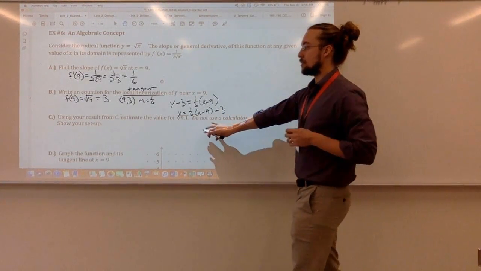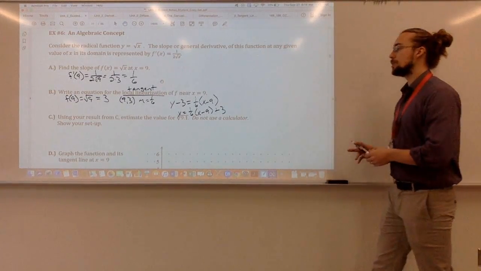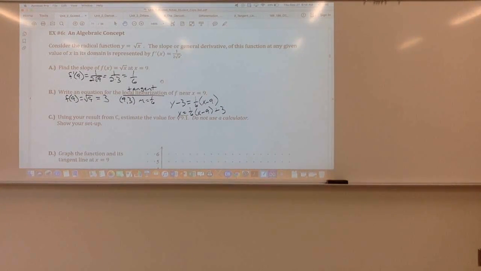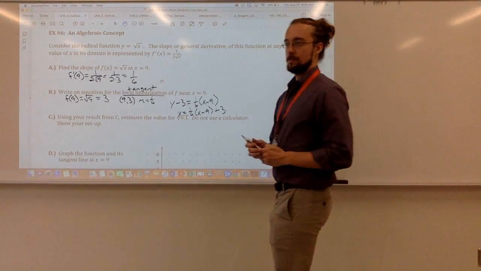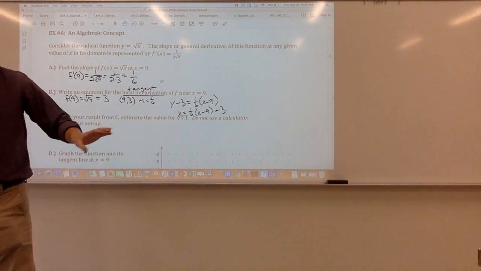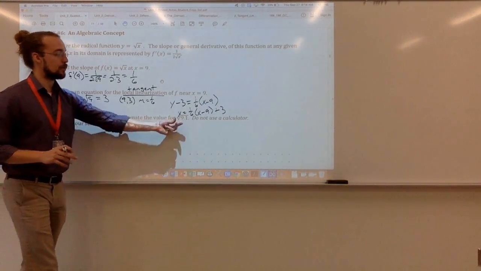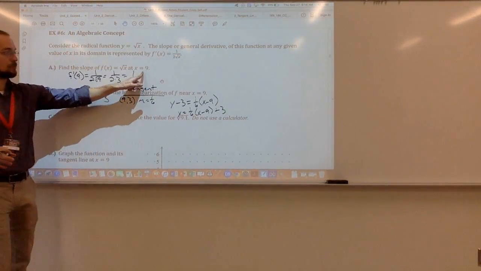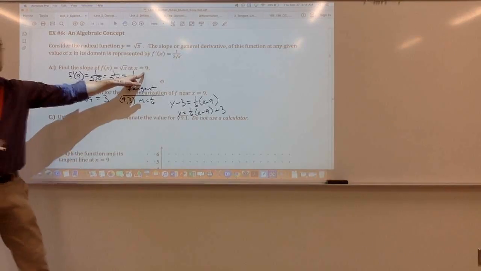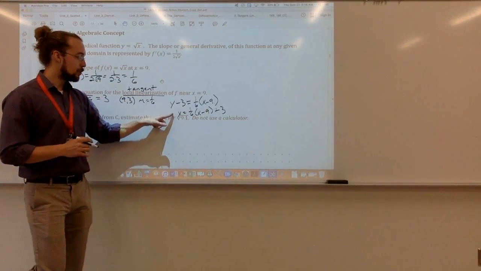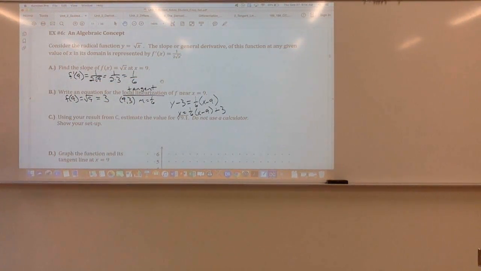Now the next part says, using this result, estimate the value for the square root of 9.1. If I'm taking a value that's really, really close to my value that I found the tangent line at, I can use this tangent line to estimate the value on the curve.